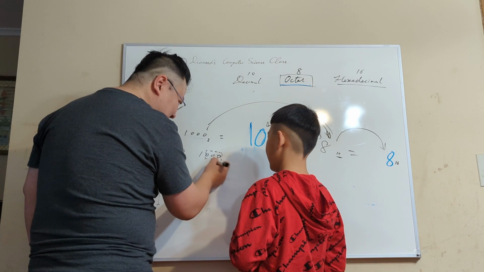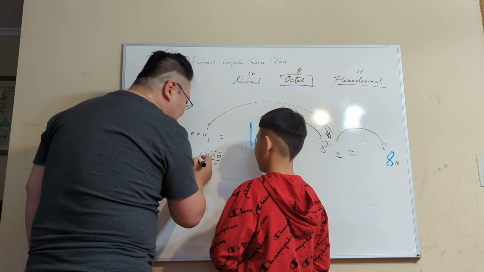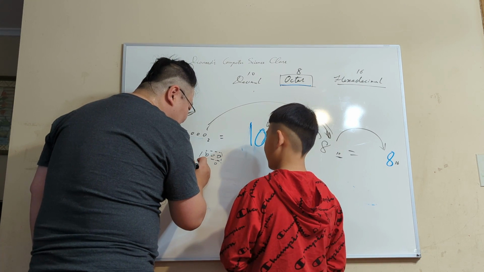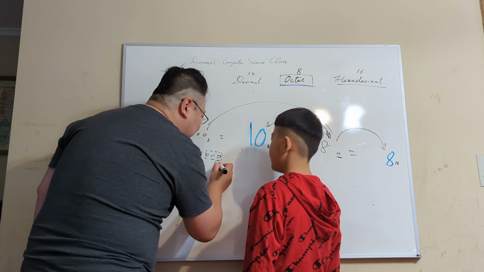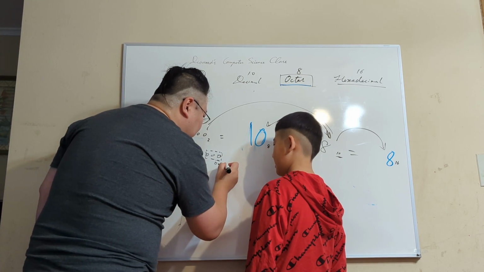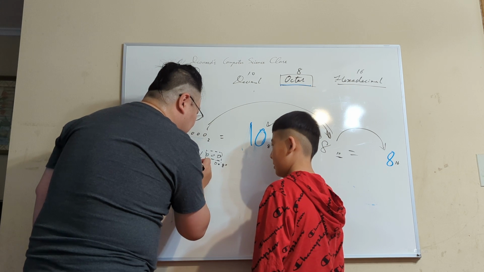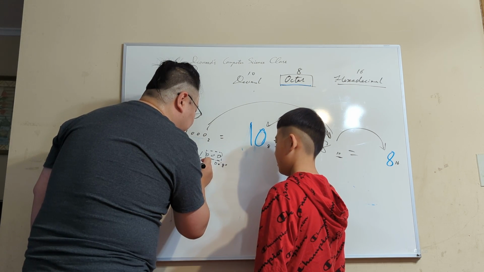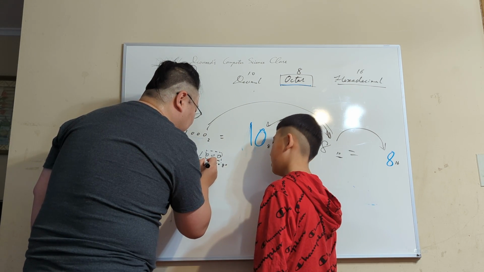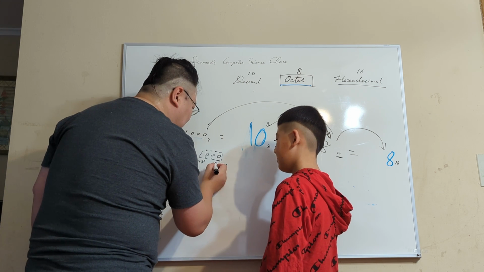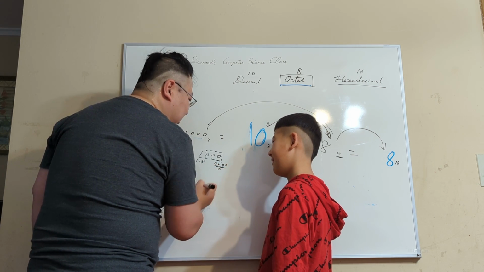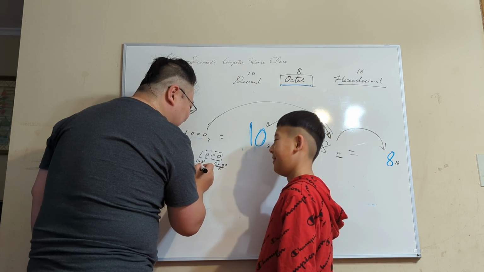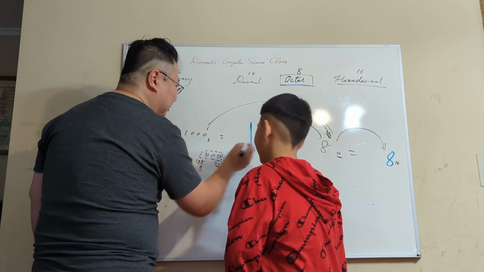This is exactly 0. This means 0 times 8 to the power 0. This means 1 times 8 to the power 1. So this one is 0, right? Because this one is 8, right? Yes, it is 8.